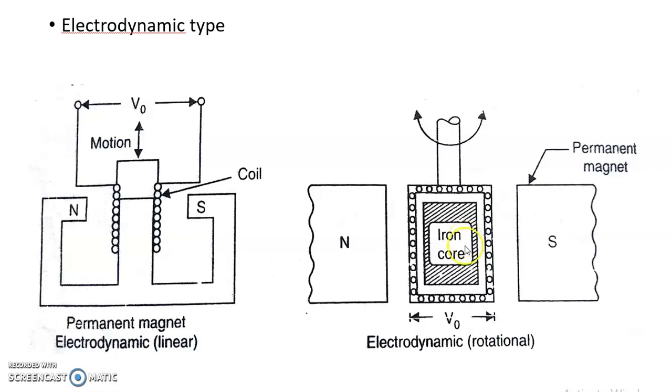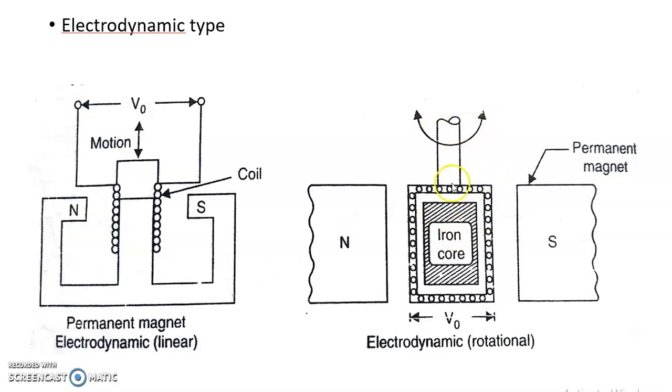inductance transducer, there is a permanent magnet. In between the two poles of the permanent magnet, there is an iron core, and around this iron core the coil is wound. This iron core is connected to the shaft whose angular velocity is to be measured.